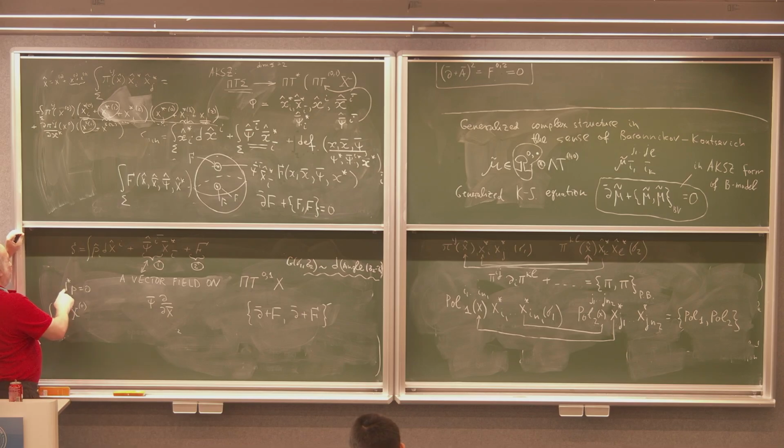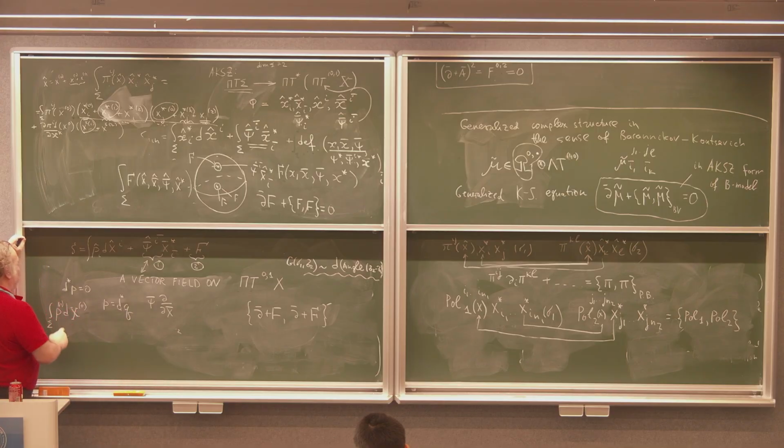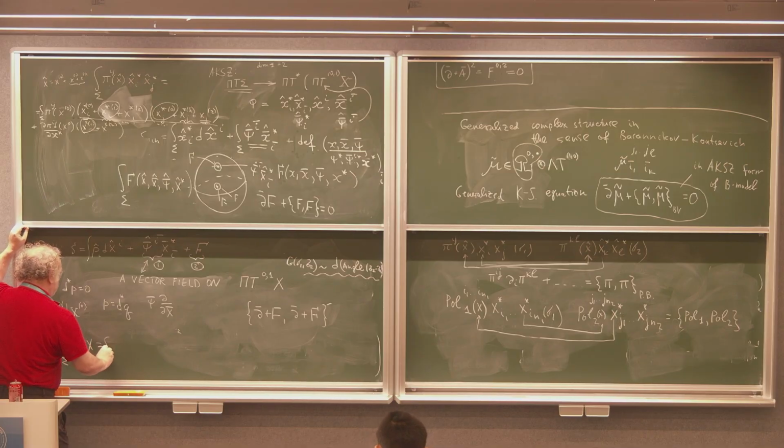In particular, V star P equals 0 means that P is V star of some Q. So that's why this object is V star Q, or just Q Laplacian X.